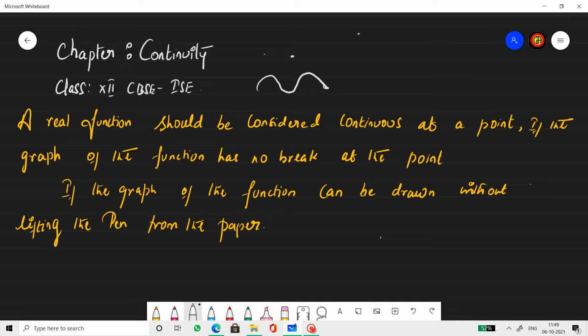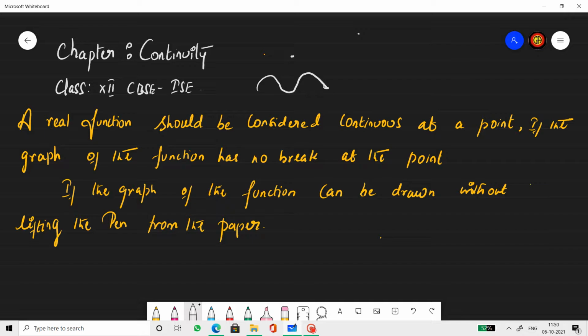So if the graph breaks at a particular point, then it is said to be discontinuous. Or when you cannot draw a function without taking the pen from the paper, then it is said to be discontinuous.